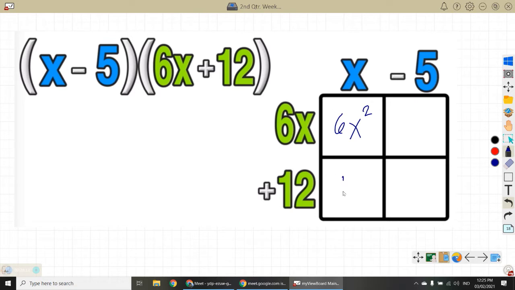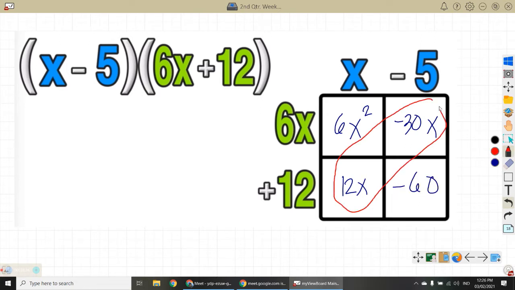X times 12 is 12x. Next, negative 5 times 6x is negative 30x. 12 times negative 5 is negative 60. Therefore, adding this will constitute the final answer. So, the final answer is 6x squared. When you add up that, this becomes negative 18x minus 60.